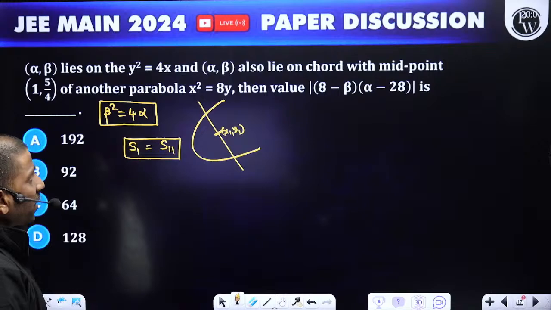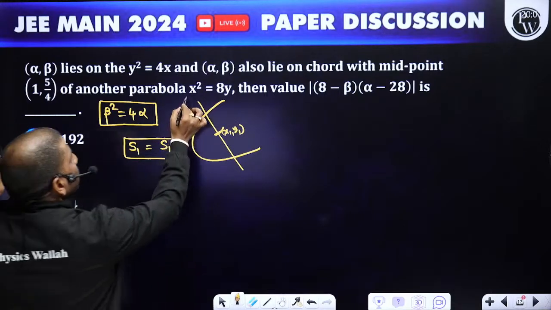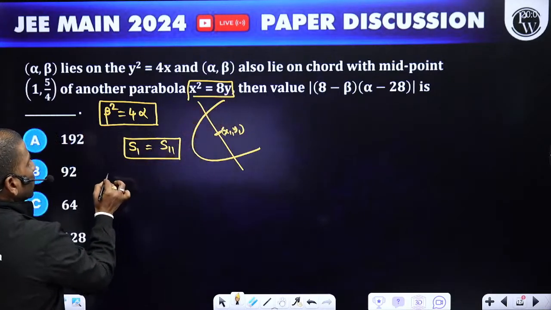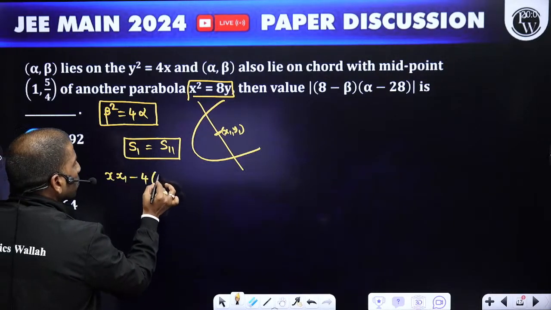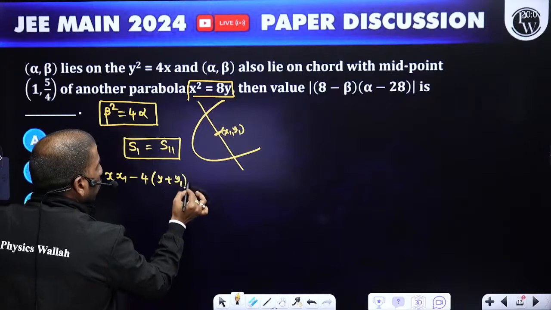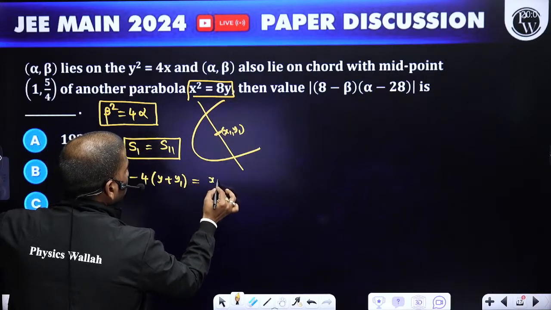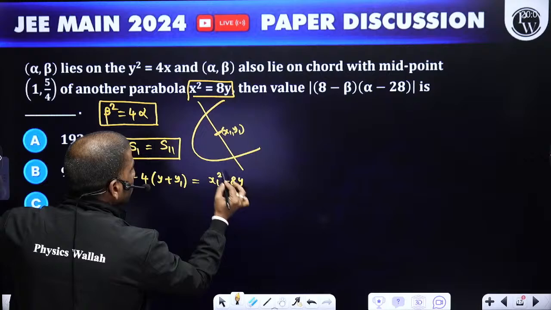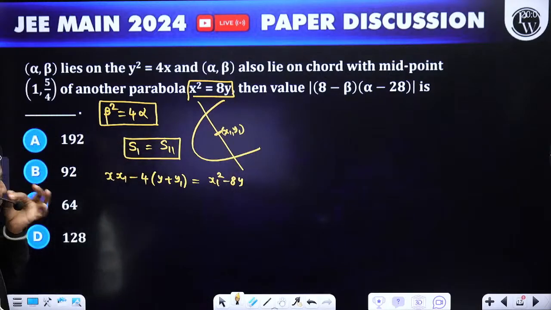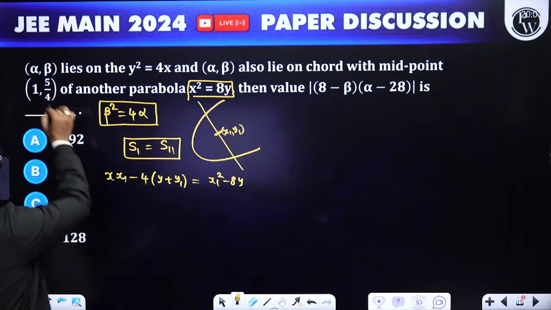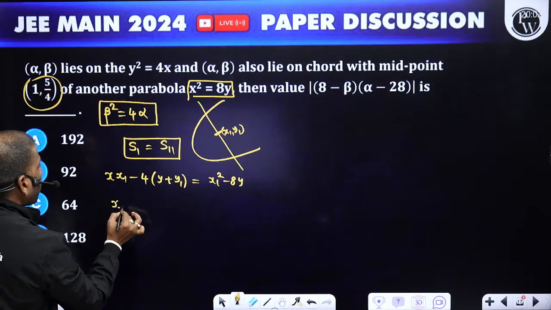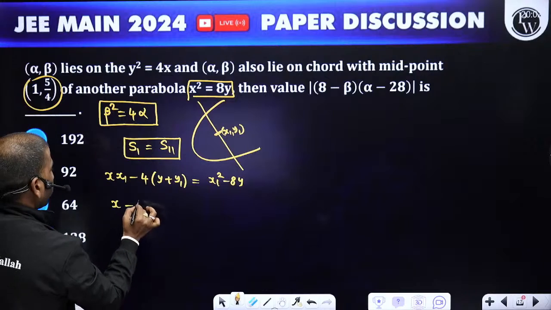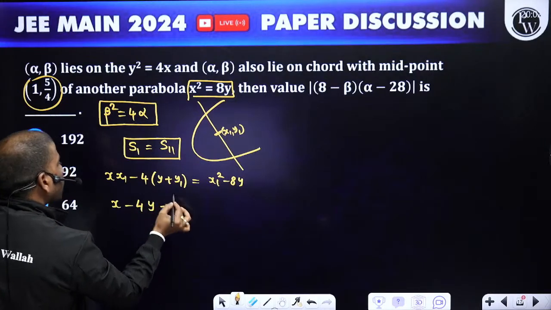So what is S1 here? S1 for x square is equal to 8y. So S1 is x x1 minus 4 times y plus y1, which is equal to x1 square minus 8 y1. So this is the formula. S1 is equal to S11. What is the point here? Point is 1, pi by 4. x1 is 1, y1 is pi by 4. So x minus 4 times y, minus 4 times y1.